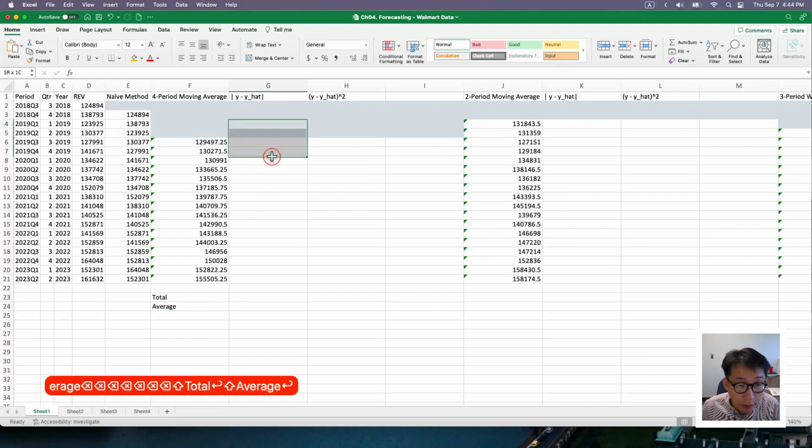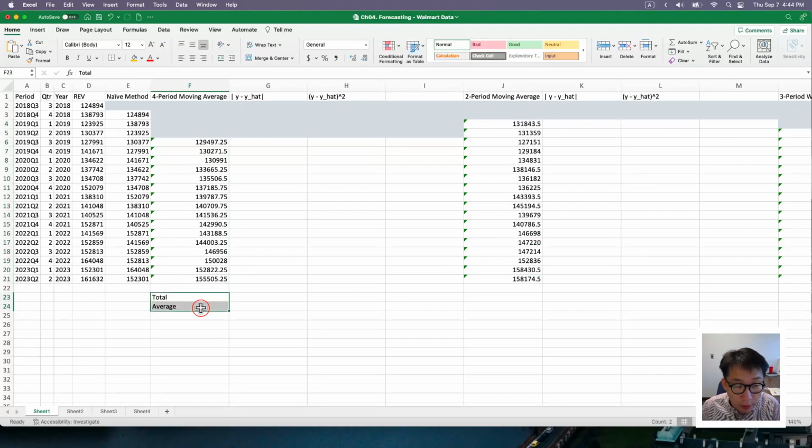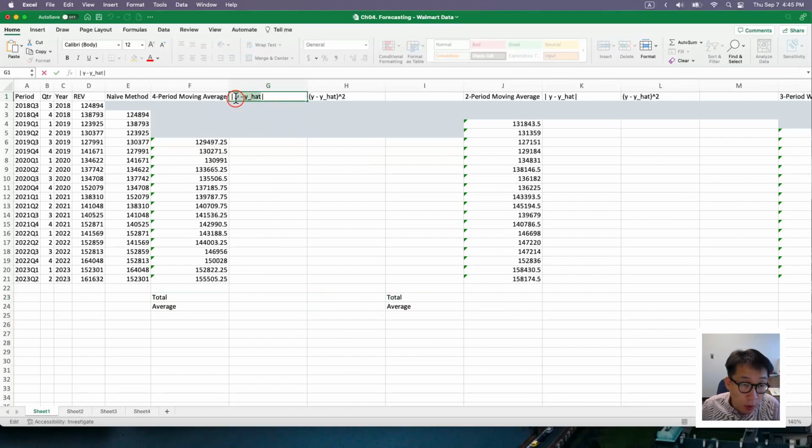Whatever I calculate here, I'll get the total and the average. The way this is set up to measure, you are adding together all the forecasting errors, y minus y hat. In this case, you're doing actual revenue minus forecasted revenue under the 4 months moving average.